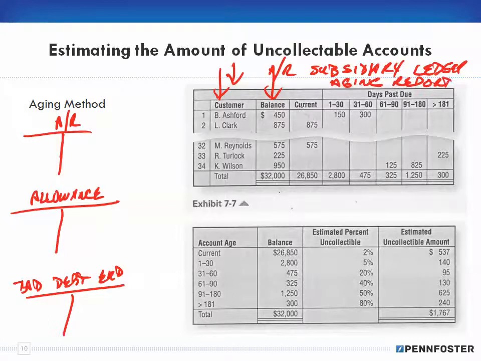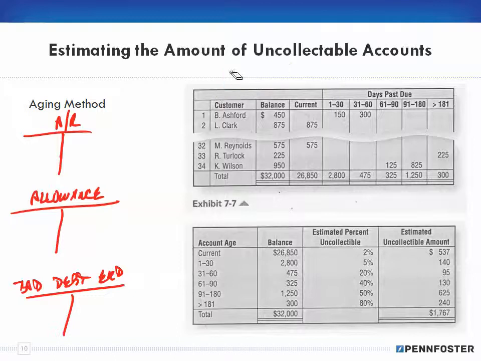The aging means what's current and what is owed past due: between day 1 and 30, 31 to 60, 61 to 90, and so on and so forth. Whatever periods you decide to use is up to you.